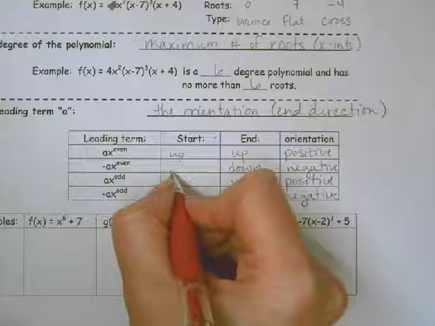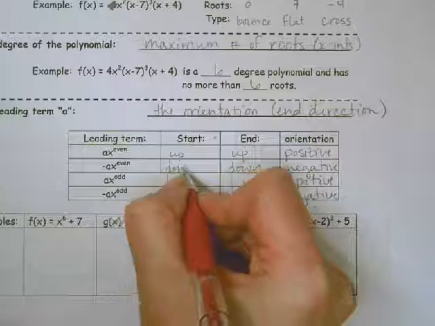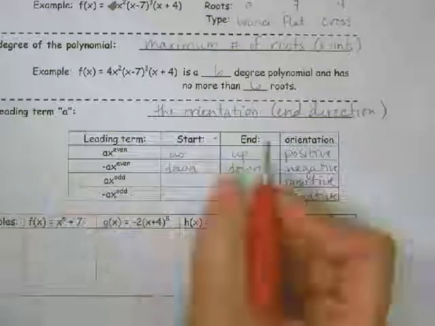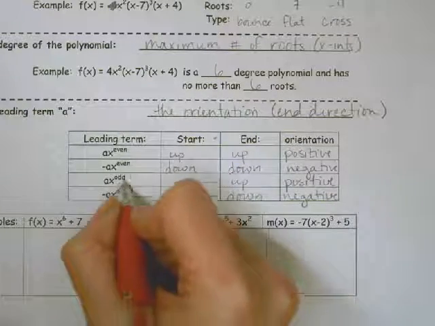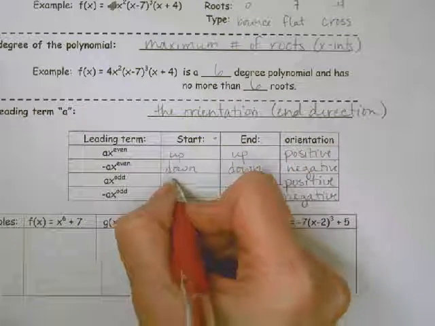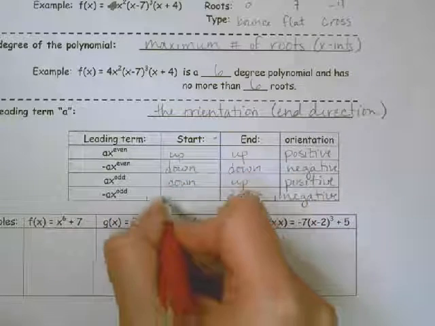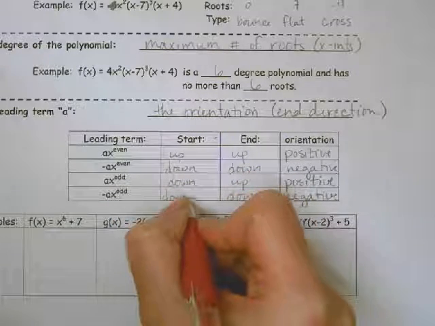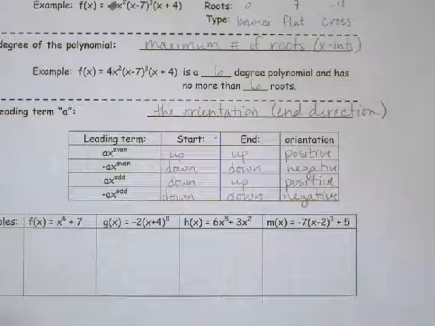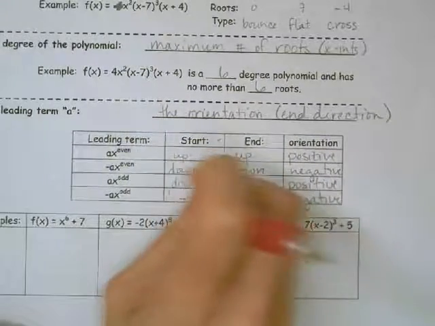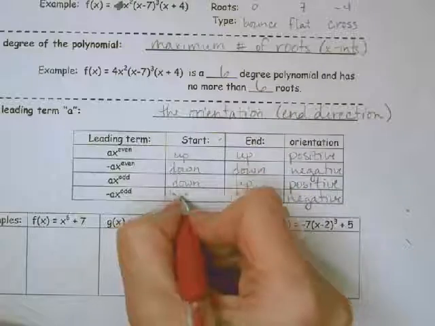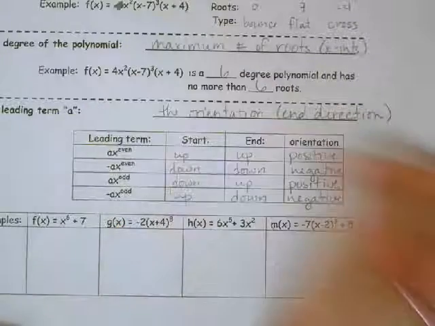For the even number negative, we were down and down. Odd number positive, we were down and up. No, just kidding. Sorry. Up then down for the odd negative.